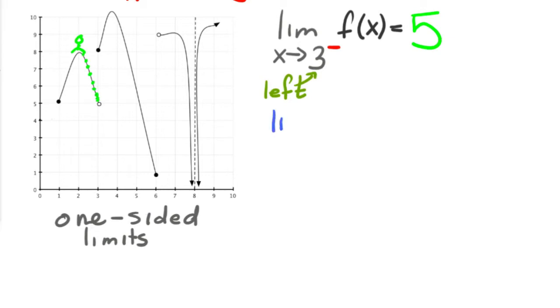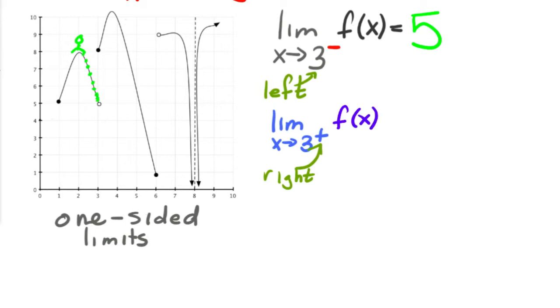And then what about if I'm approaching 3 from the right? Now this time, the positive symbol is approaching from the positive direction, so that would be from the right-hand side. And as you're approaching from the right, where's your function going?